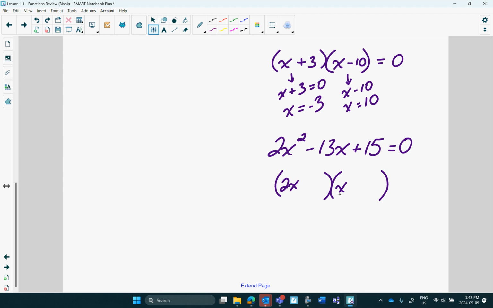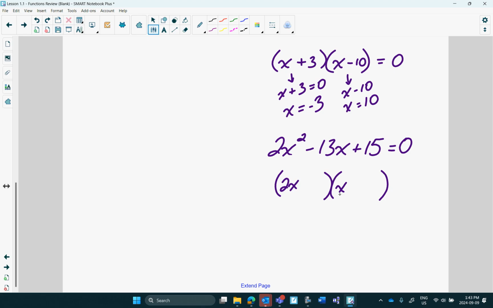First of all, the two numbers have to multiply to positive 15. Yet there's a negative in this factoring. What does that tell me about the two signs? If one's negative and one's positive, when I multiply them, I get a negative.